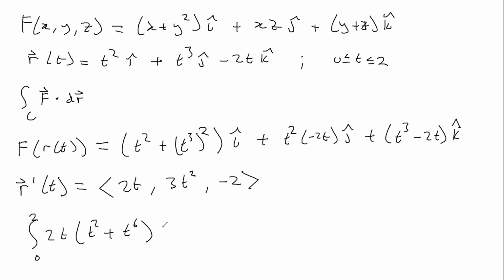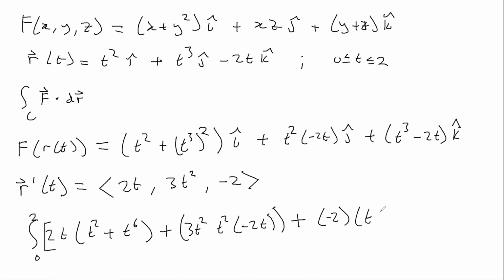Since this is a scalar product, I'm just going to add on 3t squared multiplied by t squared and negative 2t, so that's multiplying the j component of each vector. And finally, for the k component, it's negative 2 multiplied by t cubed minus 2t. All of this is in terms of dt.